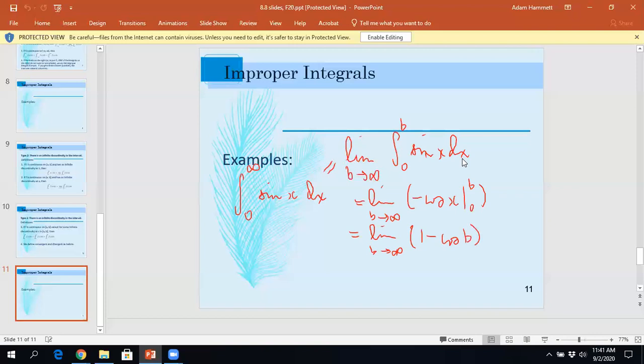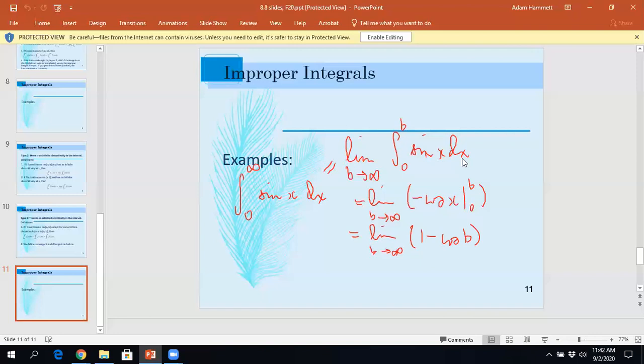And you say to yourself, okay, what is that limit? Does that limit exist? What happens to the cosine function? Cosine is just going to oscillate between -1 and 1 forever. So does this ever get close to any particular number?